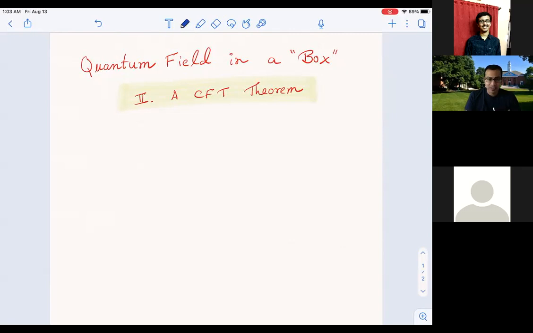So let me spend some time on this theorem. Particularly, let me describe the derivation of the theorem step by step so that all the assumptions become really clear. And also, if somebody wants to use this kind of technique for other applications, they can do that as well.